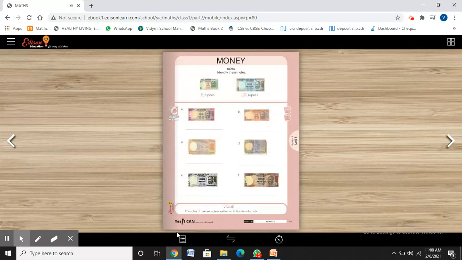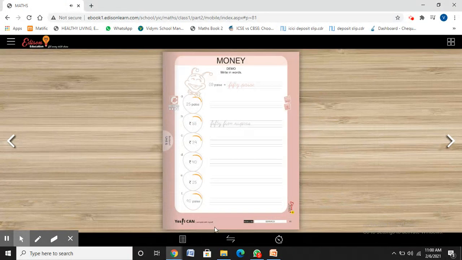Then we write the money in words, the way we say it, the way we write it. 50 rupees, FIFTY, RUPEES. Or 90 rupees, NINETY, RUPEES. So we write our money in words also.